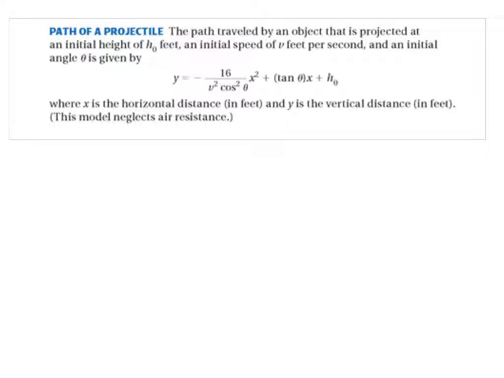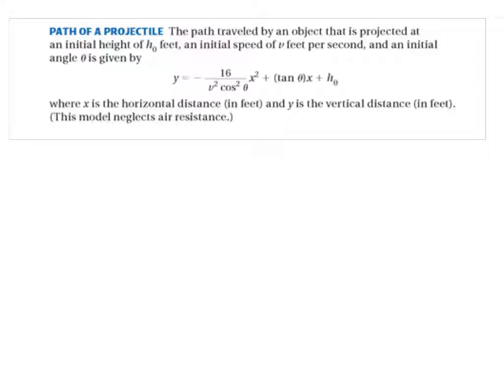Path of a projectile. So we're getting to a little bit of a word problem for what we're working with. The path traveled by an object that is projected at an initial height of h sub 0 feet, an initial speed of v feet per second, and an initial angle theta is given by y equals negative 16 over v squared cosine squared theta x squared plus tan theta x plus h0.